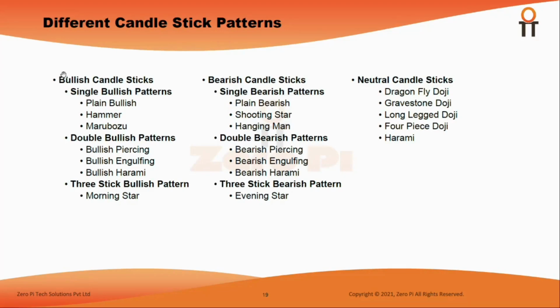So let's consider bullish candlestick patterns first. Under bullish candlestick patterns, we have plain bullish, hammer, Marubozu, bullish piercing, bullish engulfing, bullish harami, and morning star. I'll be discussing in detail about all these patterns. So let's see how it looks like.